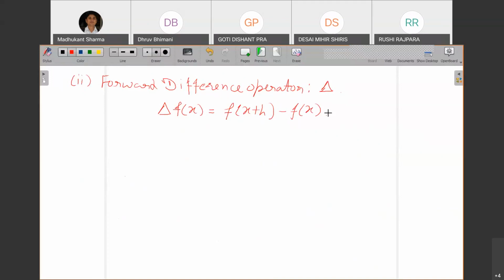You can also show that this is a linear operator. Delta of a f of x plus b g of x. So you can show that delta is a linear operator.